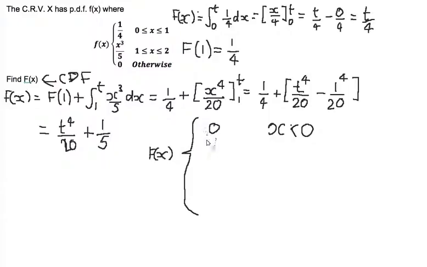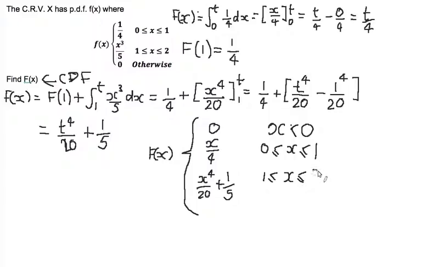Next, we have our function x over 4, for when x is between 0 and 1. And then finally, we have our second function, x to the power of 4 over 20 plus 1/5, for the range 1 less than or equal to x less than or equal to 2.